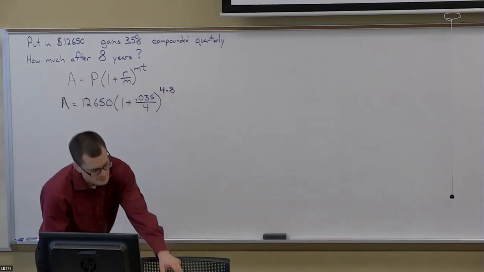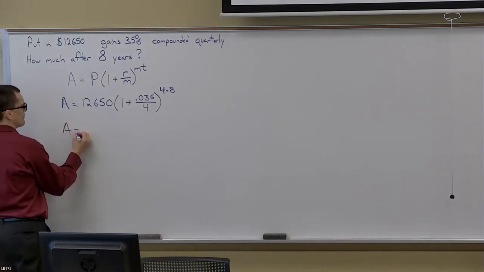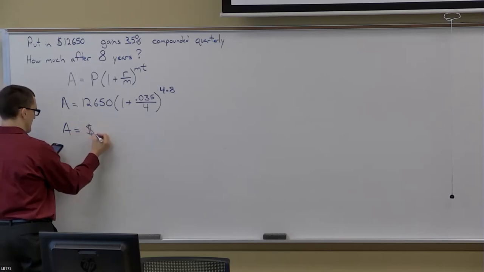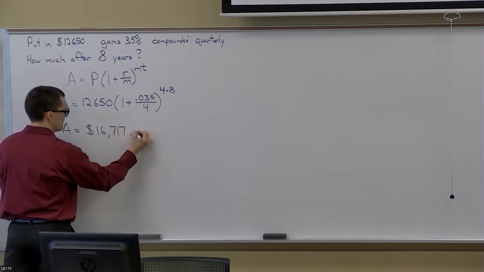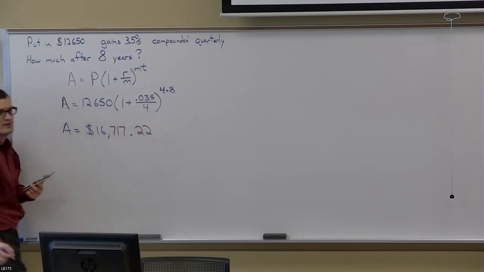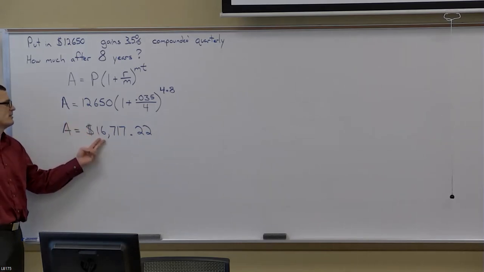And that's what I did. So the amount that this person will have in 8 years is $16,717.22. Again, all of these numerical money valuations, we round to 2 decimal places. So notice over that 8 years, this person started with 12,000 and ended up with 16.